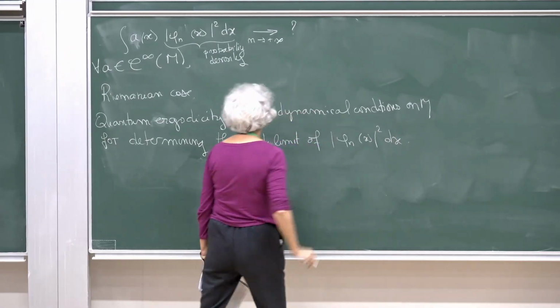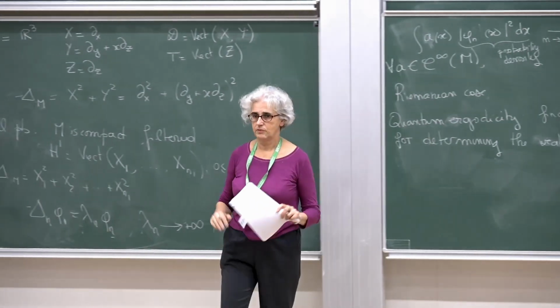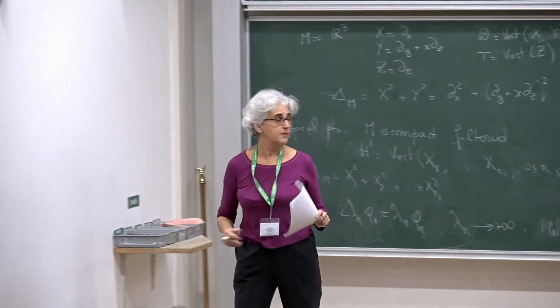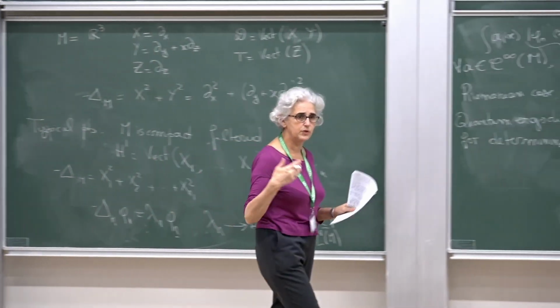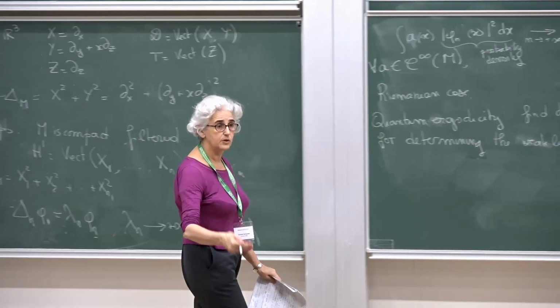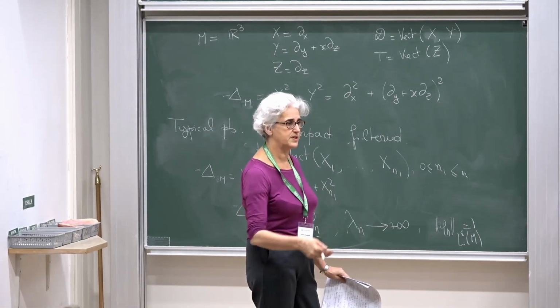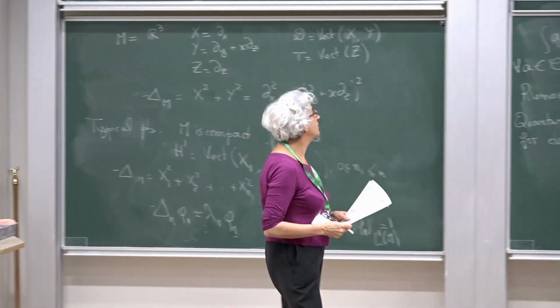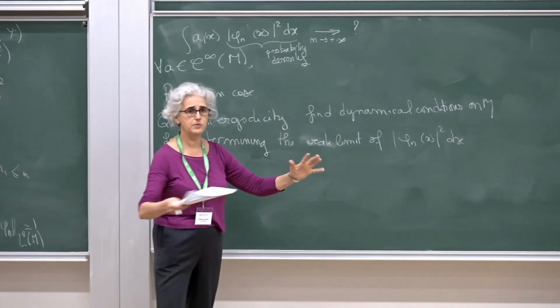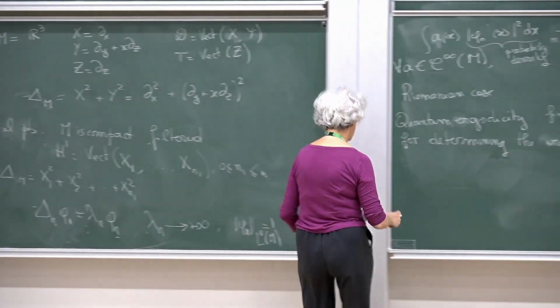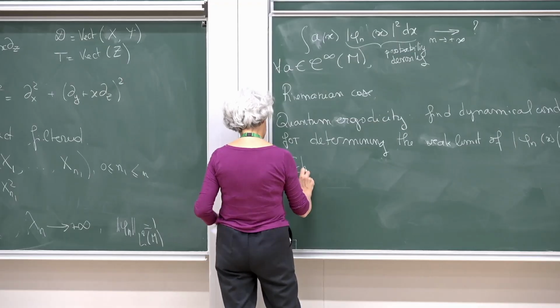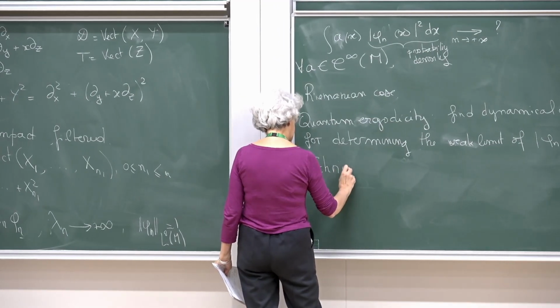Okay. So the point is that for the Riemannian case, one knows that if the geodesic flow is ergodic, then you can describe that this limit is the Liouville measure on the manifold. Okay, so this is the Schnirelman problem.